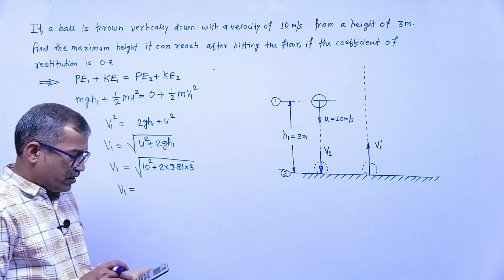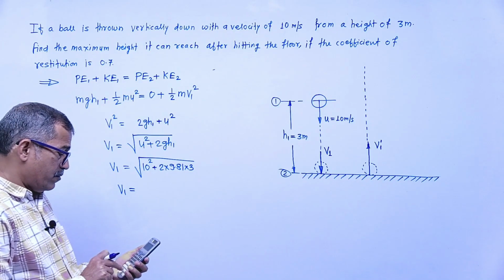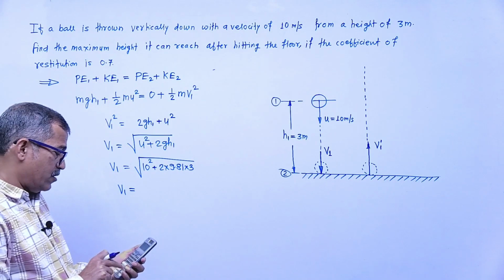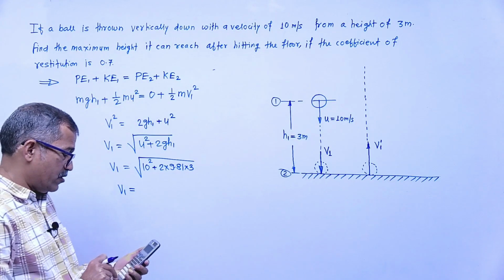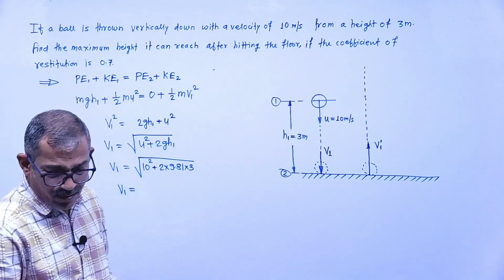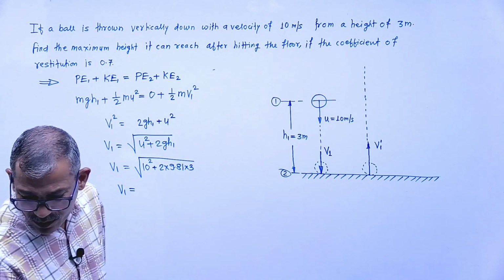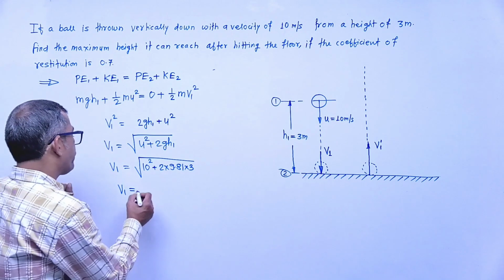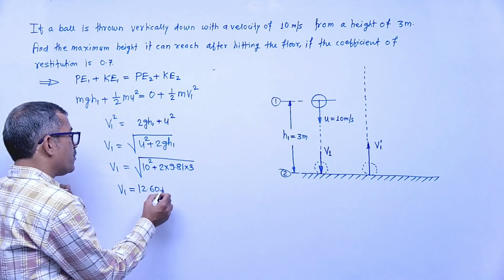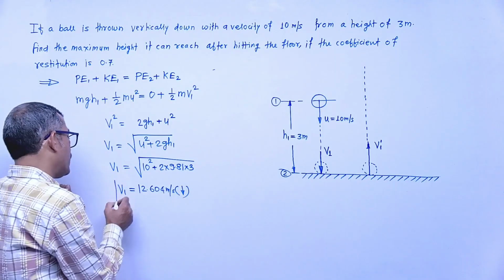Find it out fast. 10 square plus 2 into 9.81 into 3, and we will take its root. It comes out to be 12.604 meters per second. What is the direction? Downward.